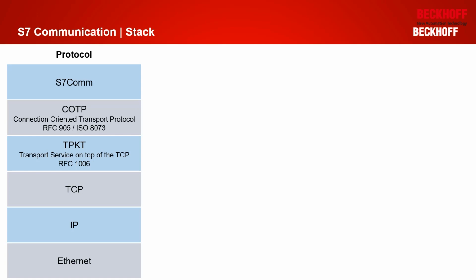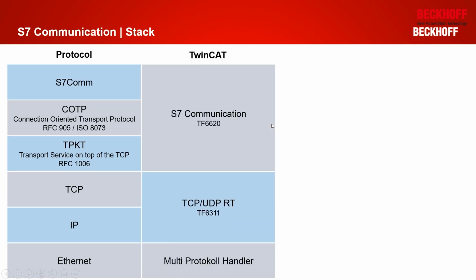Let's move forward and have a look how this stack is represented in our TwinCAT world. Things are much easier here. The Ethernet layer is represented by the multi-protocol handler. TCP and IP merge in our TCP/UDP RT driver, and the remaining layers converge into the S7 communication supplement.